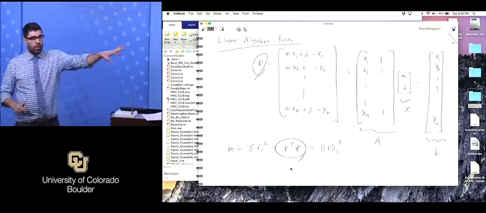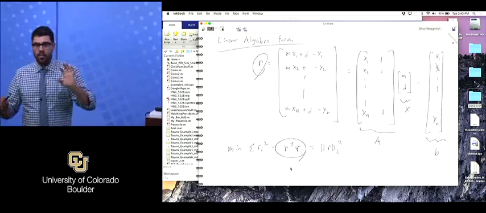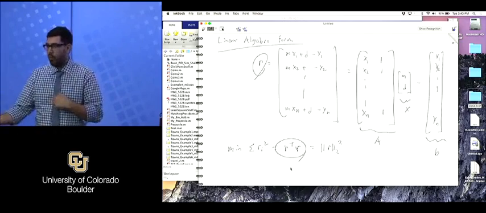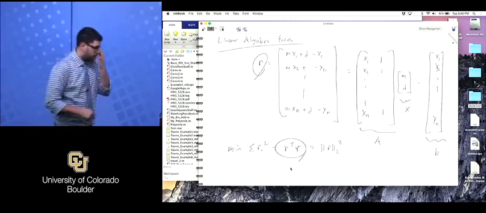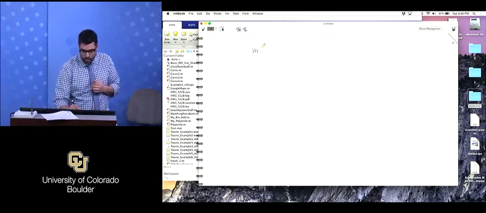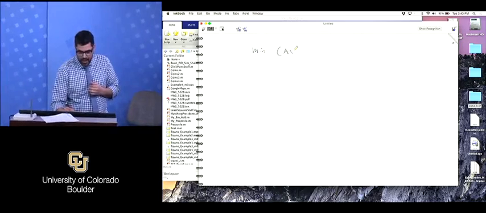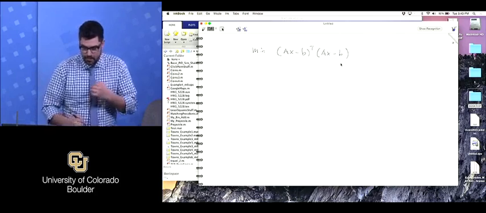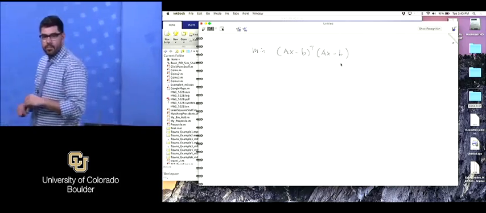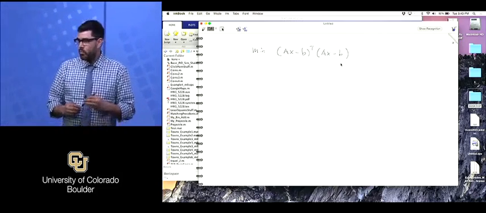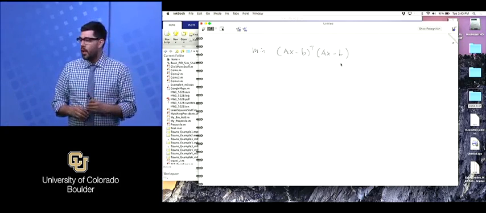But before we go on, are we okay that the sum of ri squared is the inner product of r with r? It's a vector. R transpose r. So what we really want to do is minimize (Ax minus b) transpose (Ax minus b). Okay? All right.